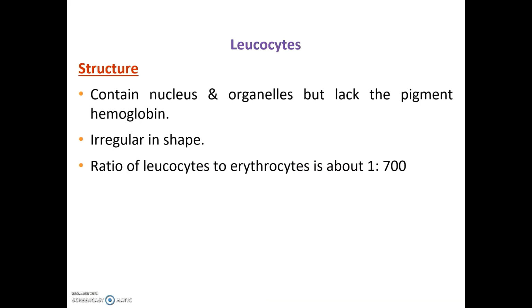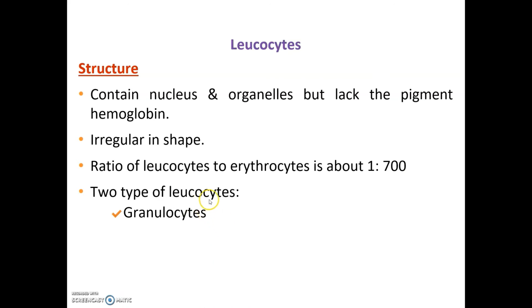Leukocyte, white blood cell. White blood cells contain a nucleus and organelles, but they do not have the pigment hemoglobin. White blood cells are usually irregular in shape. The ratio of red blood cell to white blood cell is about 1 to 700, which means we have more red blood cells compared to white blood cells.